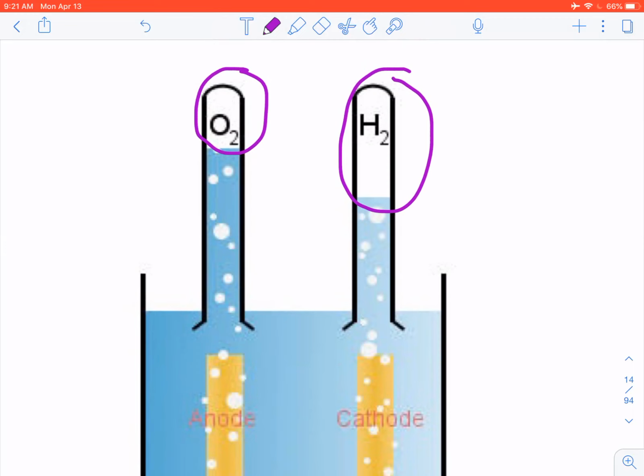And you will also note that the volume of hydrogen collected is twice the volume of oxygen.